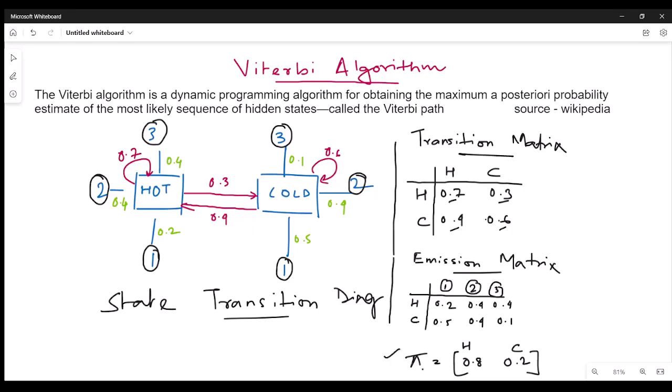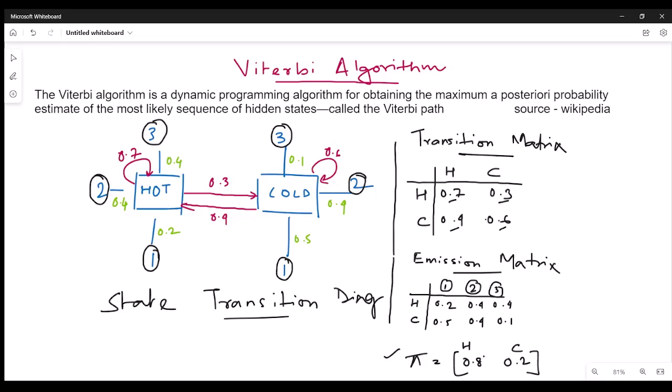And the last one, pi equals 0.8 and 0.2, represents the initial state. Here, let us say the initial state starts from weather hot. That means we are starting to calculate from the hot weather, that is, the current weather is hot or day 1 is hot.